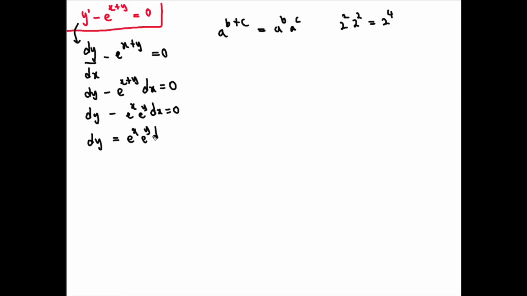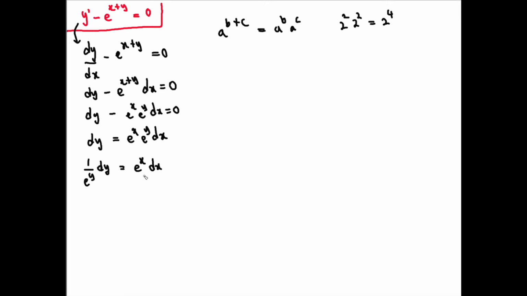Okay, now we're getting closer to something we can try to integrate. Now we can bring this e to the y to the left-hand side. We do that by multiplying by 1 over e to the y. So we have 1 over e to the y dy equals e to the x dx.